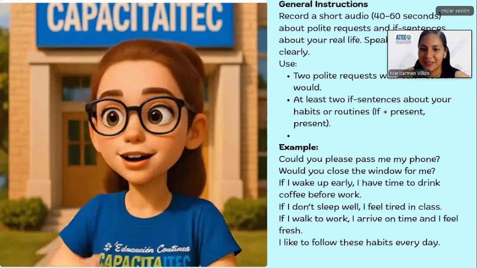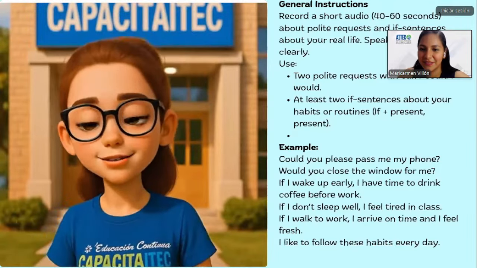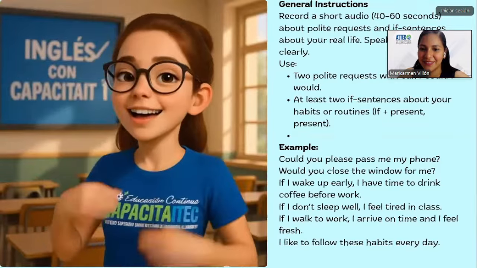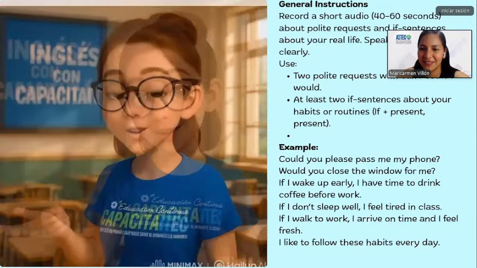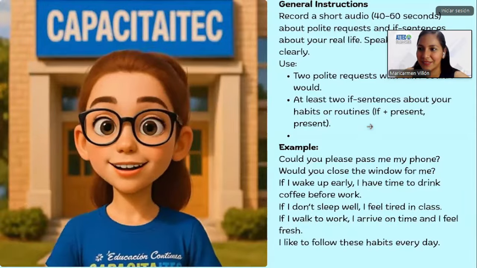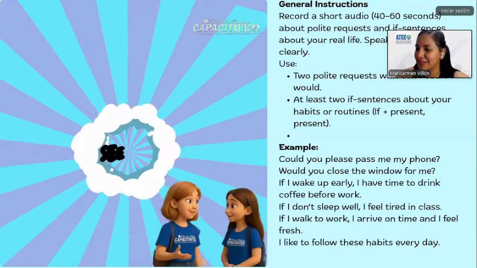Example, could you please pass me my phone? Would you close the window for me? If I wake up early, I have time to drink coffee before work. If I don't sleep well, I feel tired in class. If I walk to work, I arrive on time and I feel fresh. I like to follow these habits every day.